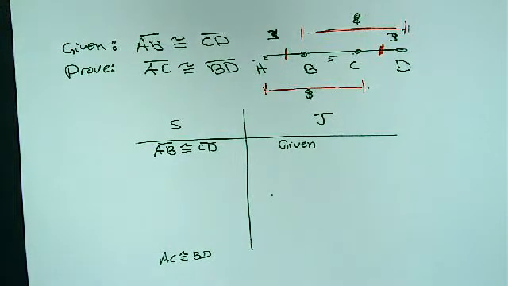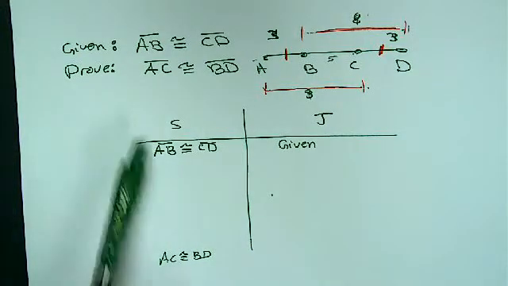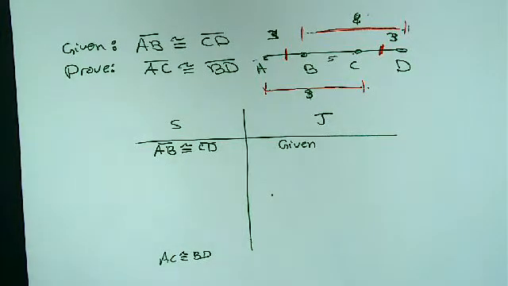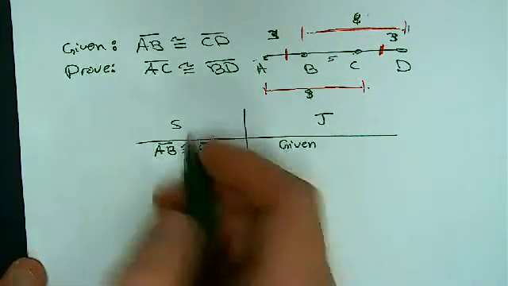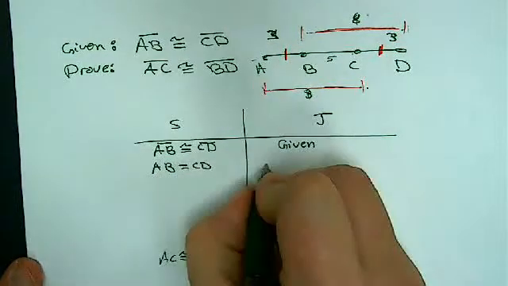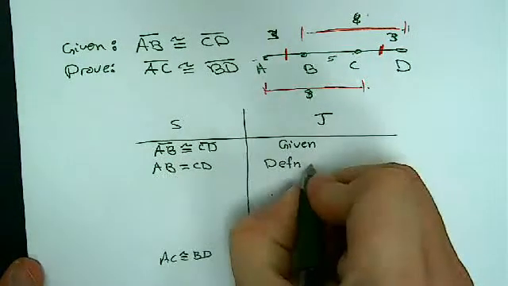I'm going to be adding these measurements. So I should make a measurements, right? You can't add segments, but you can add segment measurements, segment lengths. So I'm going to say AB equals CD. No lines now, because I want to work with the numbers.